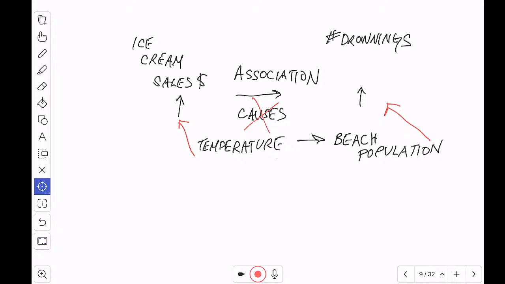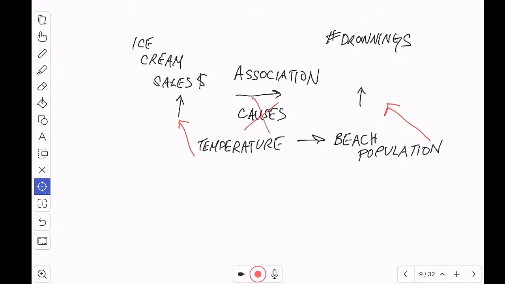All of these variables, actually, we can get information, but I guess the goal would be to be proactive and try and reduce the fatalities from drownings or the injuries from drownings by ensuring that you have enough lifeguards or security on the beach to assist if somebody drowns.